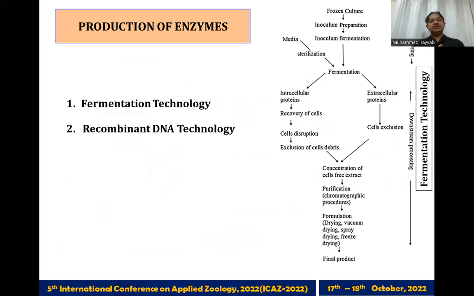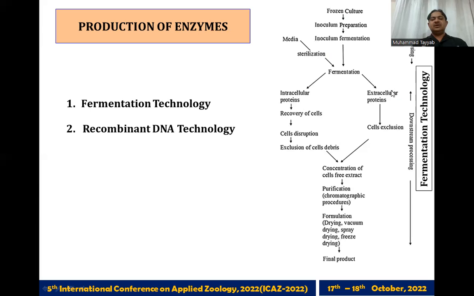In the case of fermentation technology, we utilize the wild type strain for the production of some special products, some enzymes. Here we can see we must have the inoculum of the wild type microbe, and we provide it to the fermentation medium. This medium has various nutrients which are utilized by the microbe for the production of intracellular or extracellular enzymes.